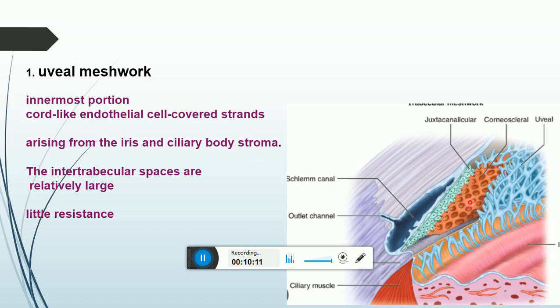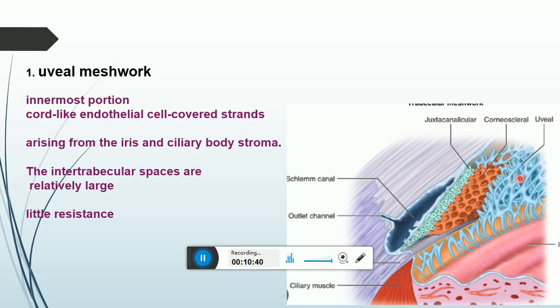Then the corneoscleral meshwork, external to the uveal meshwork, and then juxtacanalicular, also known as cribriform meshwork. It is the outer part of the trabeculum and links the corneoscleral meshwork with the endothelium of the inner wall of the canal of Schlemm.